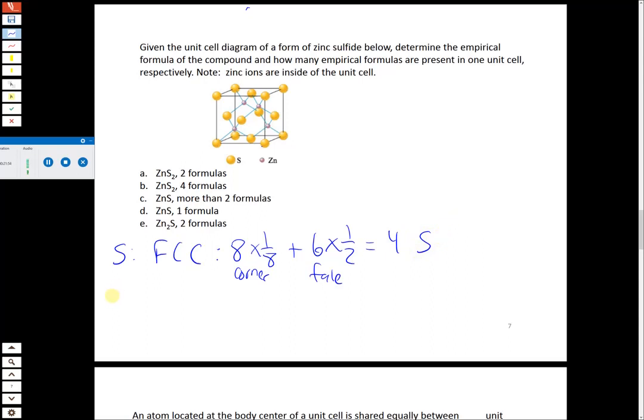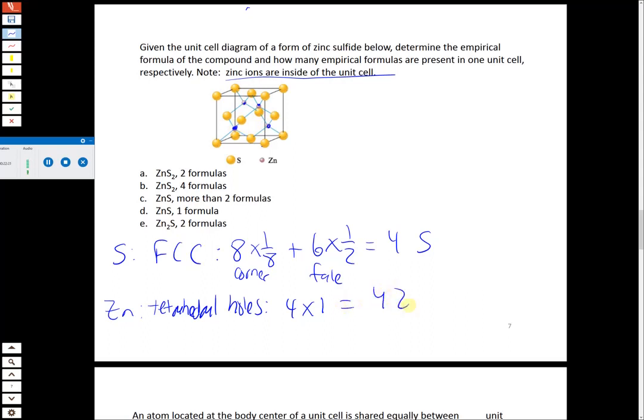And then if we look at the zinc atoms, we're told here, note, zinc ions are inside of the unit cell. These are in tetrahedral holes. Half of the tetrahedral holes are occupied for this structure. And these ones are completely inside the unit cell. So for zinc, we just have the tetrahedral holes occupied. But even if we didn't realize that that's what those were called, there's 4 of them inside the unit cell. None of them are shared because they're all completely inside the cell.